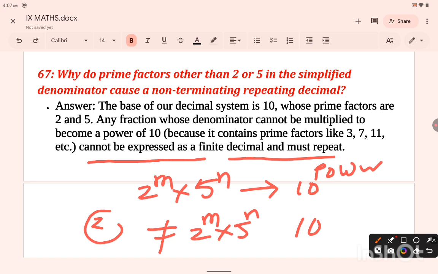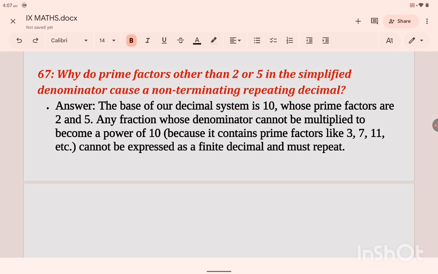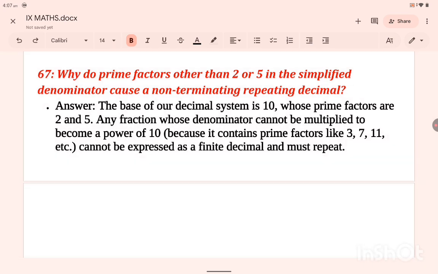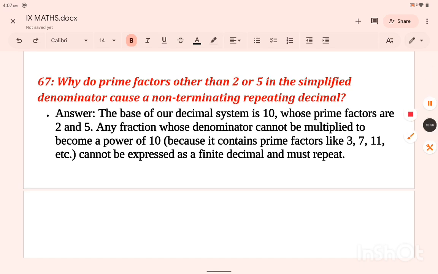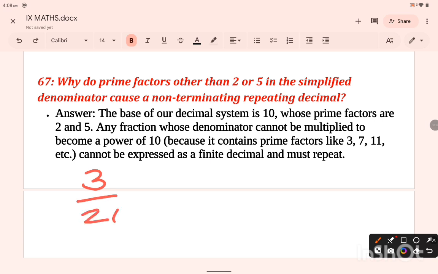For example, 3 by 20. This is in the simplified form because 3, 20 have no common factors other than 1.